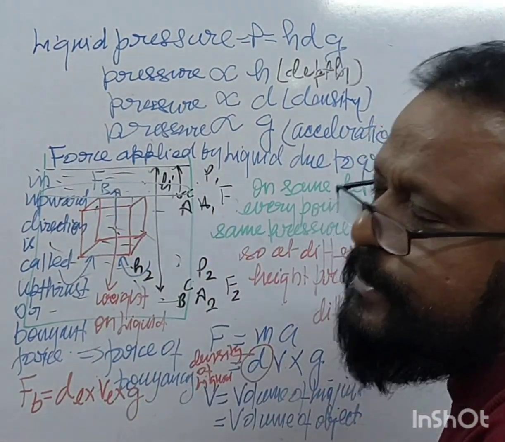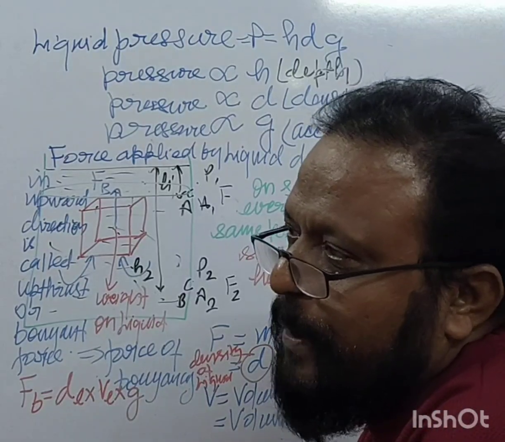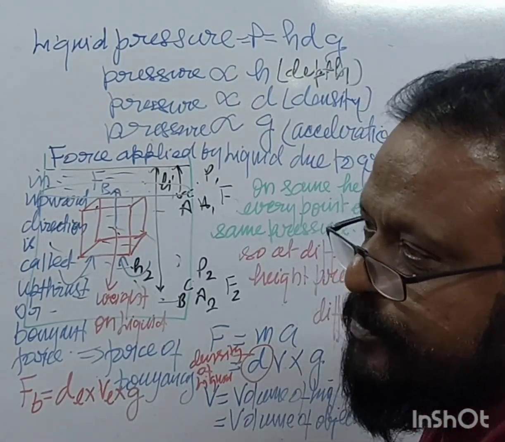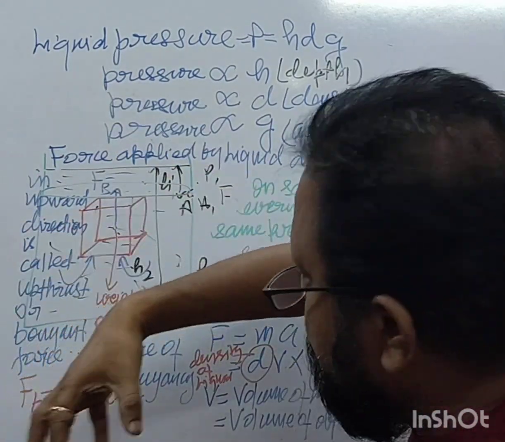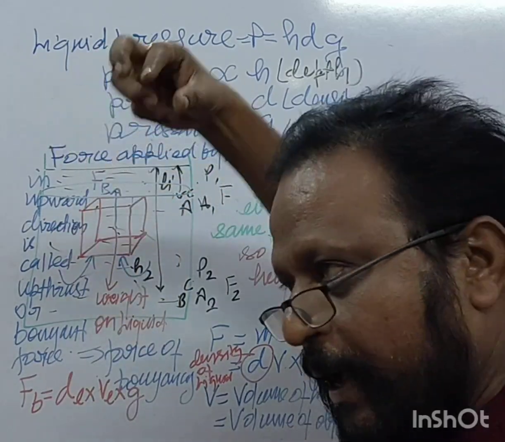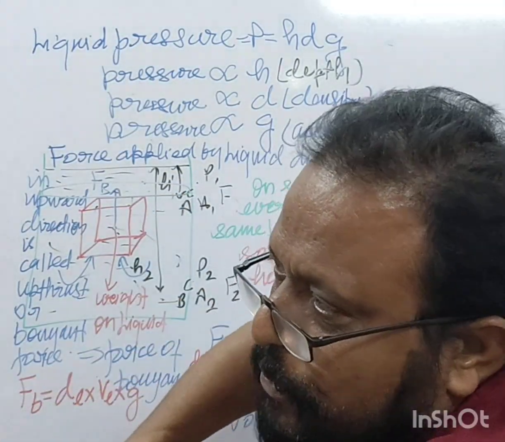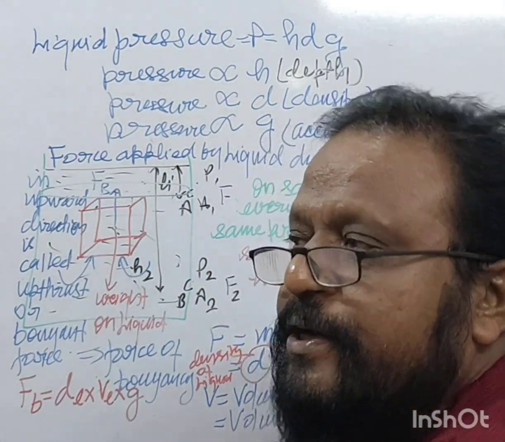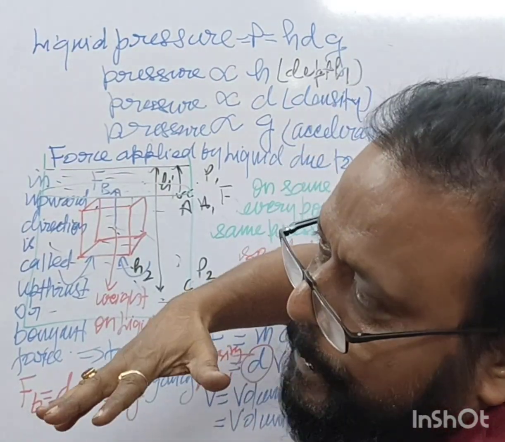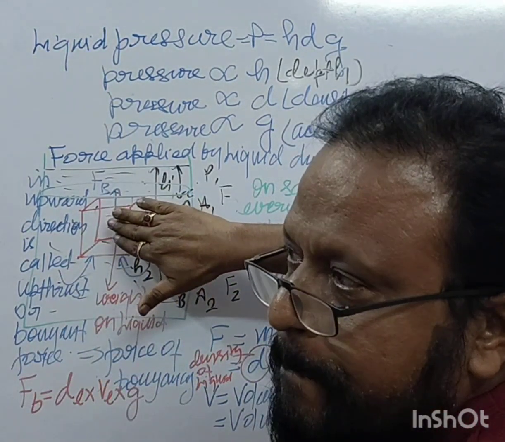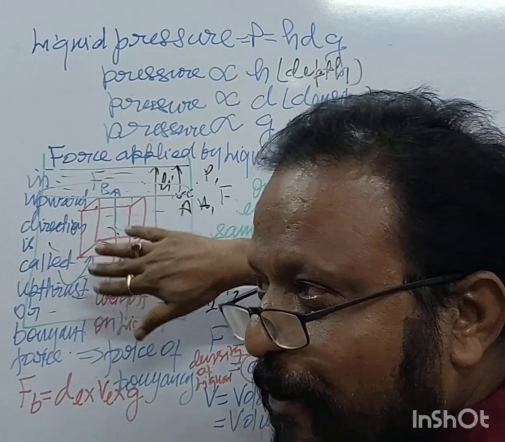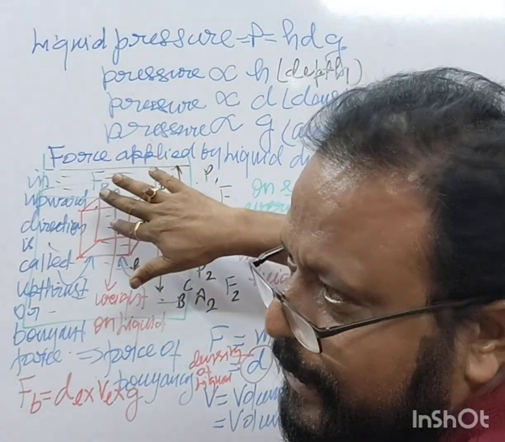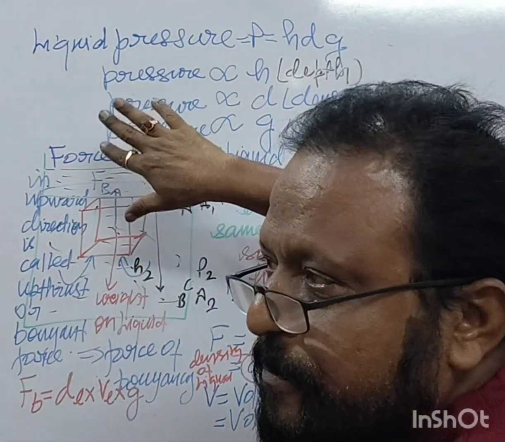And buoyant force is the force applied by the liquid on the object, because when you put an object in a liquid, it applies a force of weight on the liquid. In response of that, liquid also applies a force on the object, right? So that is buoyant force.